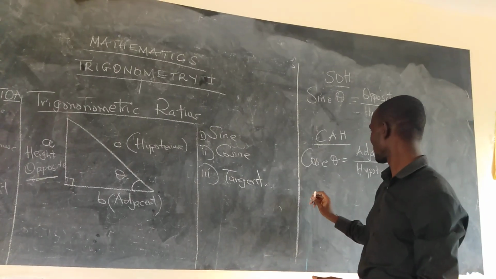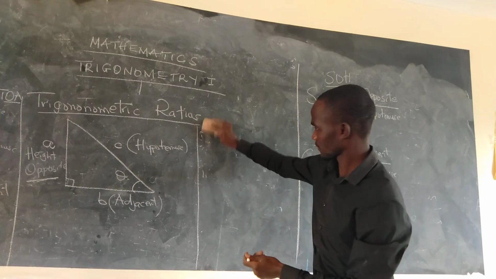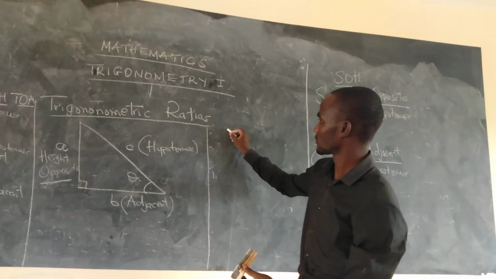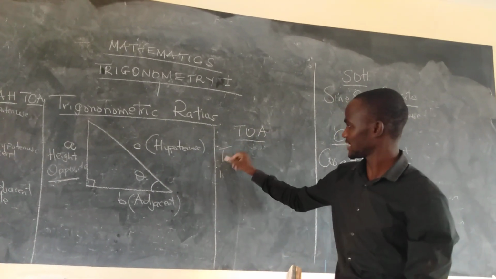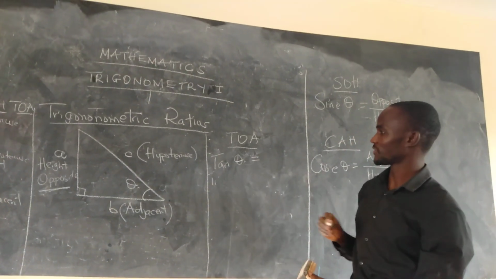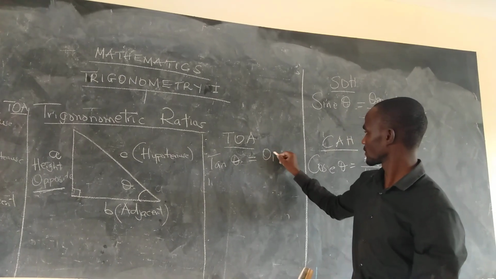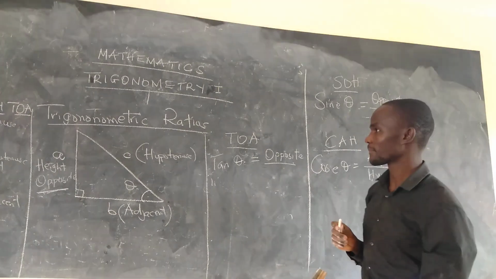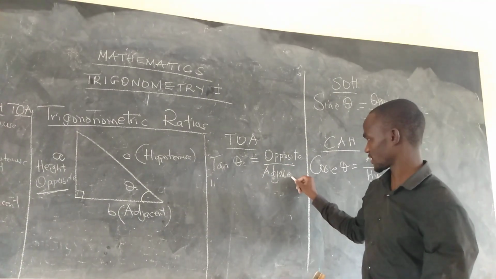Then the trigonometric ratio of the tangent. So we have the TOA. So we say tan theta will be equal to the opposite of that particular angle, then over the adjacent.